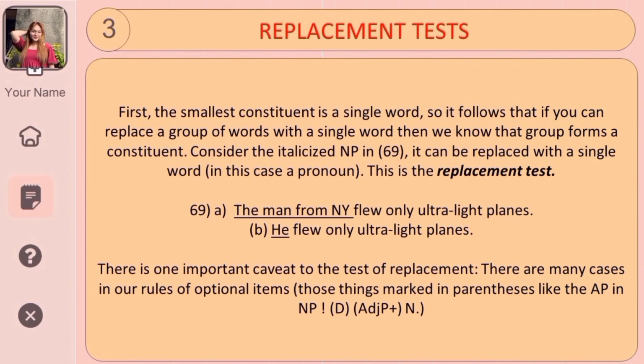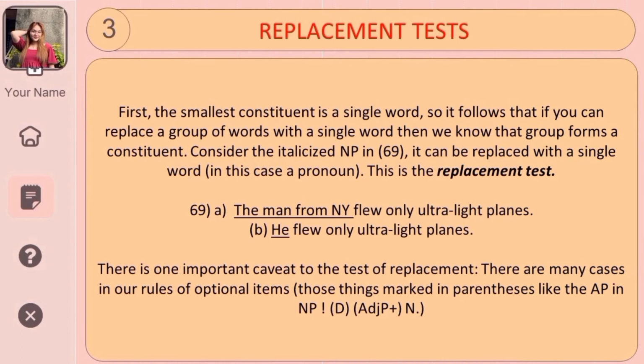And from this, we can't deny that the words "the man from New York flew only ultralight planes" and "he flew only ultralight planes" are closely related. Take note that there is one important caveat to the test of replacement. There are many cases in our rules of optional items, those things marked in parentheses like the AP and NP.